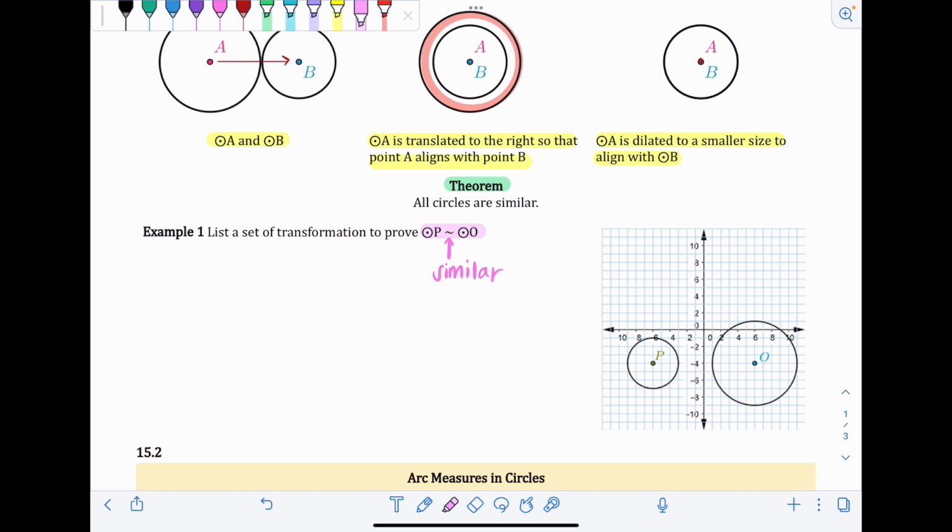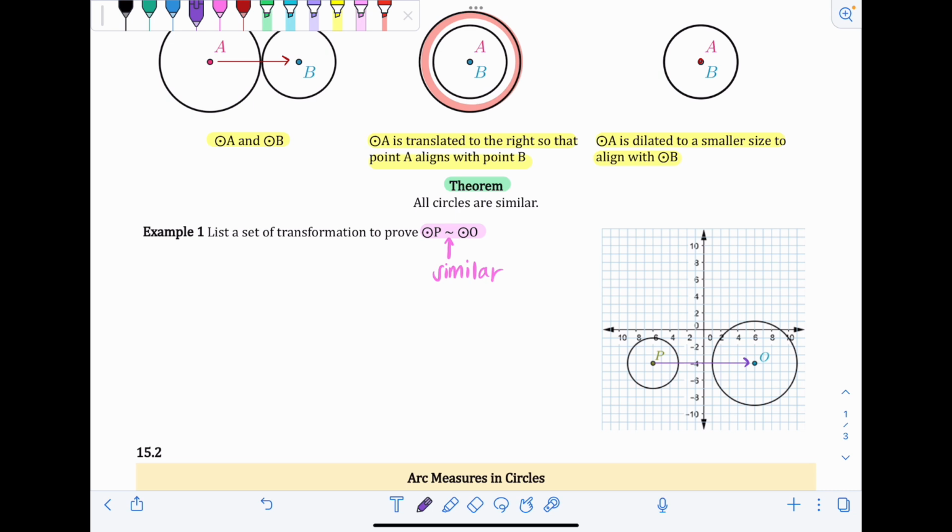So one approach is we could take the same one as we did up above, where we say that we translate one center point onto the other or one circle onto the other. And you would have to count how many units you would have to translate to go from point P to point O. And that would be 12 units to the right. So you could say circle P is translated 12 units to the right. That's one option.